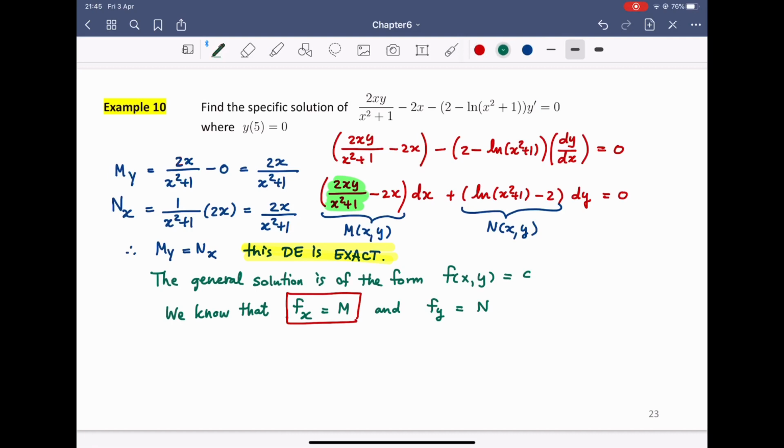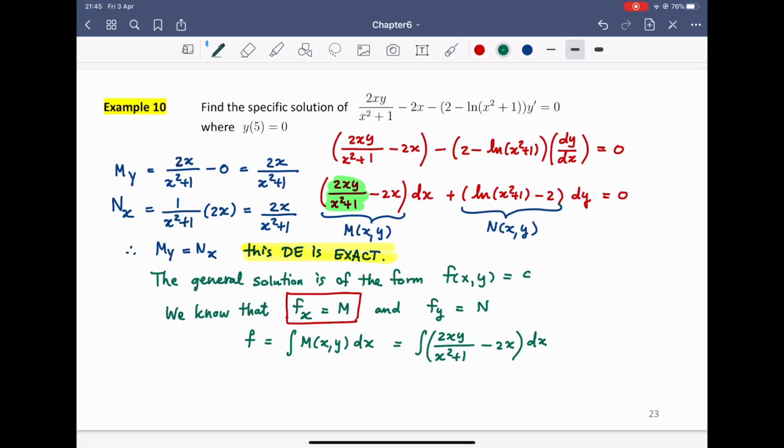So that means if you want to find f, you have to integrate M(x,y) dx, and that is the integral of the function M, 2xy over x squared plus 1 minus 2x, dx. Alright, how do I integrate this thing? Let's first look at the first piece.